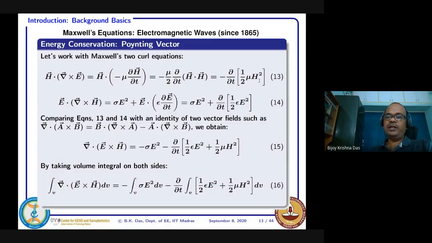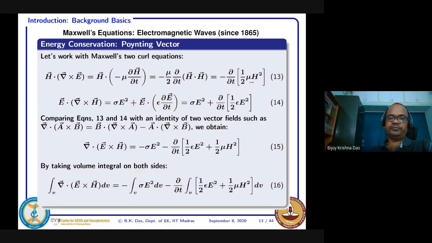At any point in space, even in a material medium, we can derive that energy density. I don't want to derive it here, but from magnetostatics you can find that it is half mu H square. So it is the rate of change of magnetic energy.